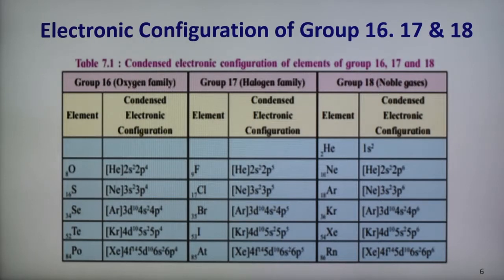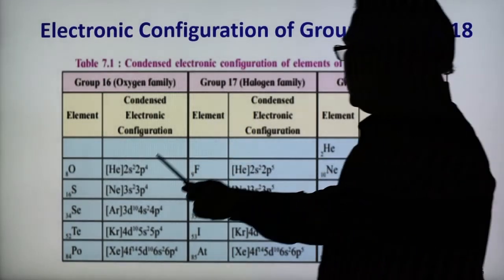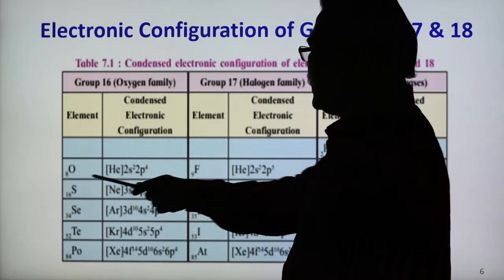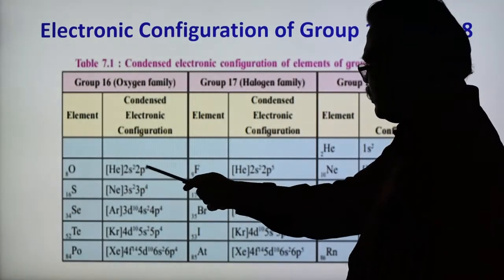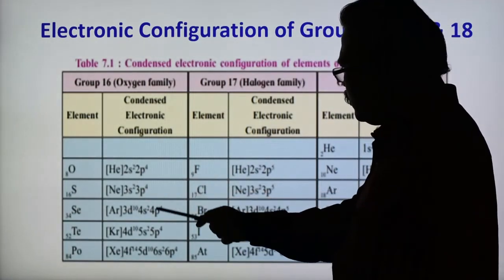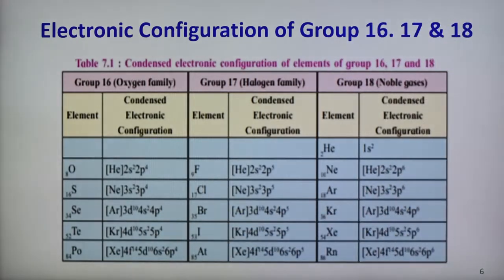As the atomic number increases, the incoming electron goes to the p orbital. See here, 2p4, 3p4, 4p4, 5p4, 6p4.